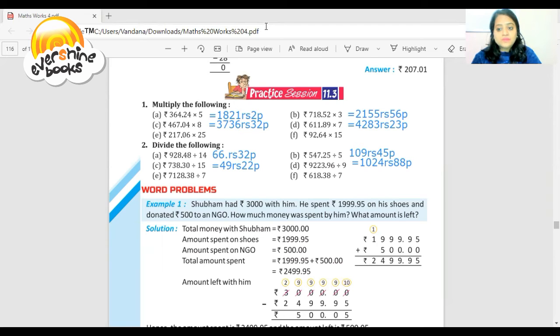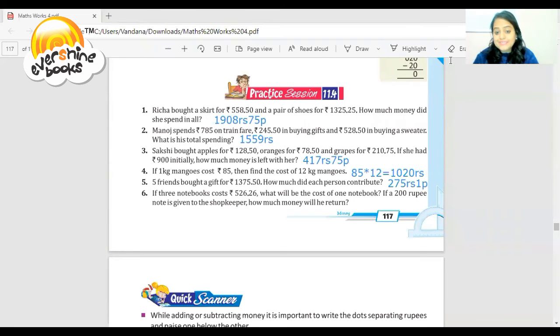Now students, it's your exercise 11.4 related to word problems. Let's talk about a skirt for 558 rupees 50 paise and a pair of shoes for 1,325 rupees 25 paise. How much money did she spend in all? You have to use the format of rupees and paise, then add both the numbers.